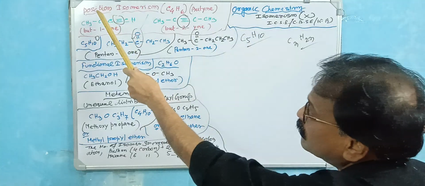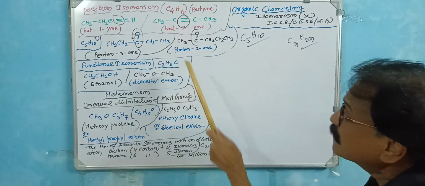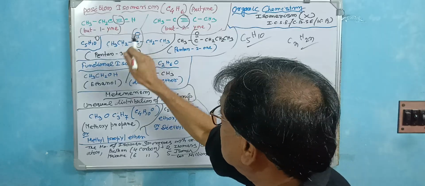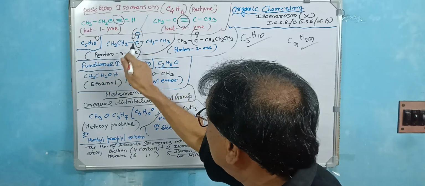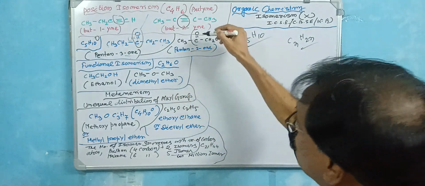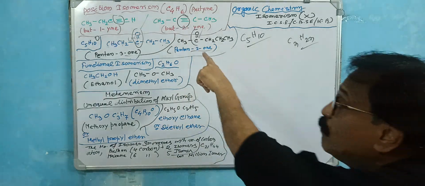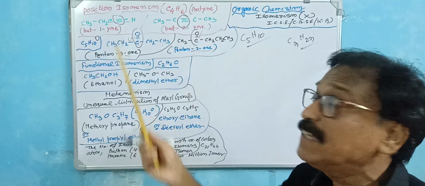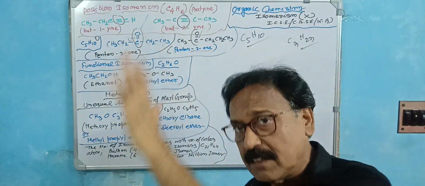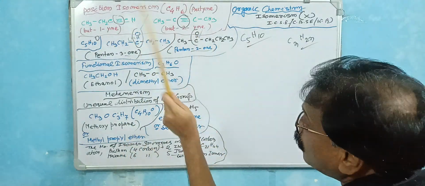The position of the double bond is what matters, and for that reason ene is applied. Here is the first position, here is the second position. So for that reason 1, 2, 3, 4, 5, but what is the position? This is pent-1-ene, because the position is this. Here is pent-2-ene, because the double bond is here. The positional isomerism means the double bond here is at the second position, and there at the first position. This is actually positional isomerism. Under functional isomerism this is also there, but the position here is the particular position. The double bond is where?